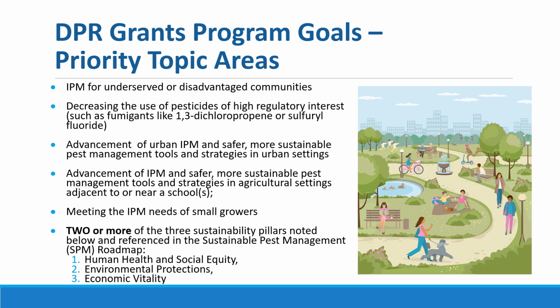These include IPM for underserved or disadvantaged communities, decreasing the use of pesticides of high regulatory interest, advancement of urban IPM and safer, more sustainable pest management tools and strategies in urban settings, advancement of IPM and safer, more sustainable pest management tools and strategies in agricultural settings adjacent to or near a school, meeting the IPM needs of small growers, or two or more of the three sustainability pillars noted below and referenced in the Sustainable Pest Management Roadmap. These are human health and social equity, environmental protections, and economic vitality.